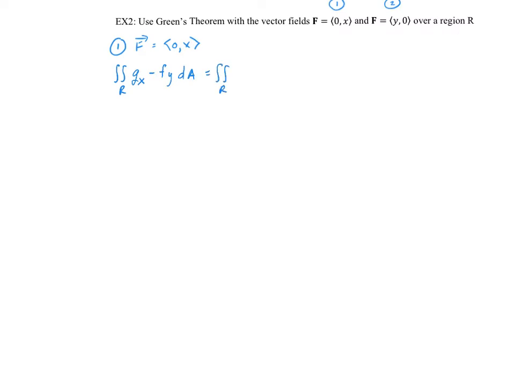Remember, f is 0, g is x. So the partial derivative of g with respect to x is 1, minus the partial derivative of f with respect to y, which is 0. Again, we have the same situation we had before, that this integrand is 1, so this integral is simply the area of my region.